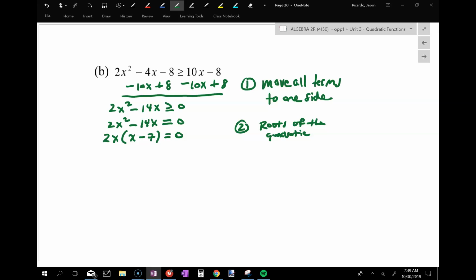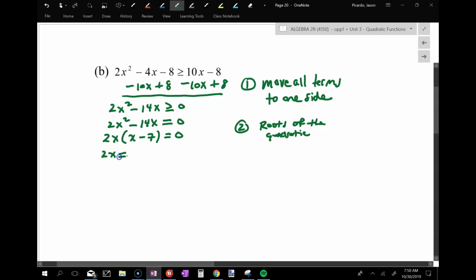What do I do with them? Set them equal to 0 and solve. All right, so I have a solution of 0 or a root of 0. And I have a solution of 7 or a root of 7.